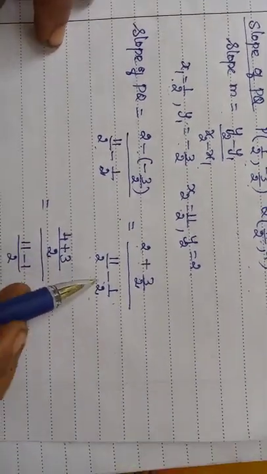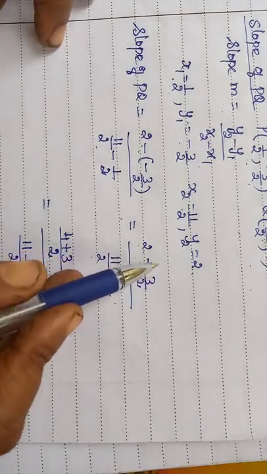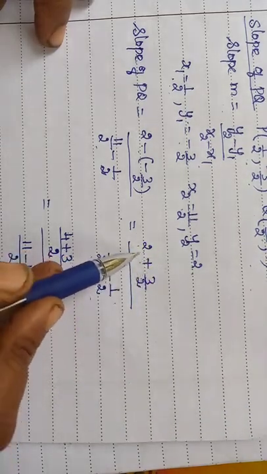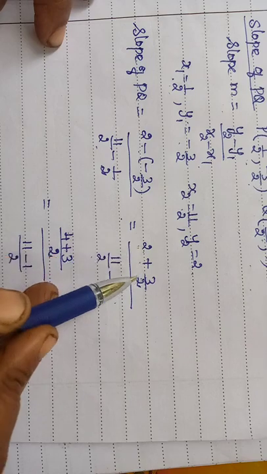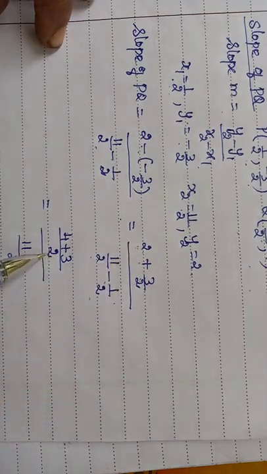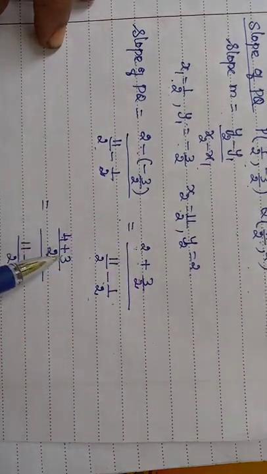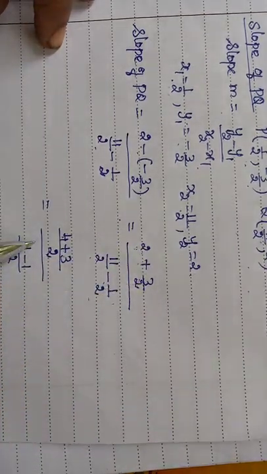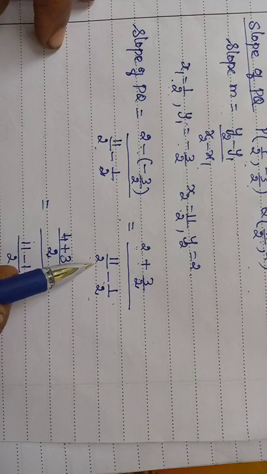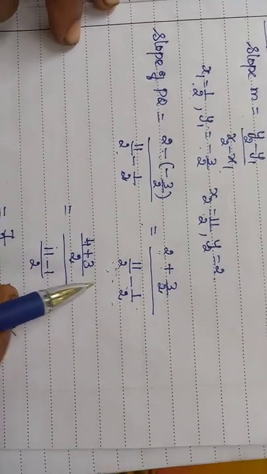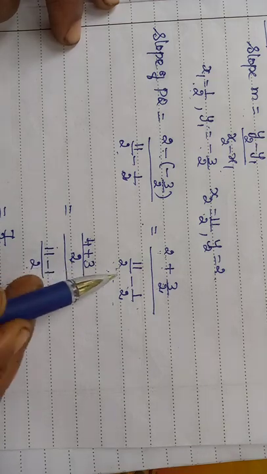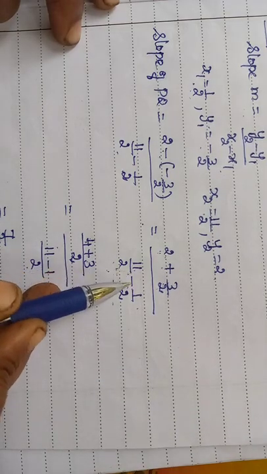Now take the LCM for the numerator. The denominator has no value, consider it as 1. So the LCM of 2 and 1 is 2. Write it here. So the numerator becomes 2 into 2, 4, plus 3, divided by 2. In the denominator we have the same denominators, so as it is we can write 2, and the numerators can be directly subtracted, 11 minus 1.